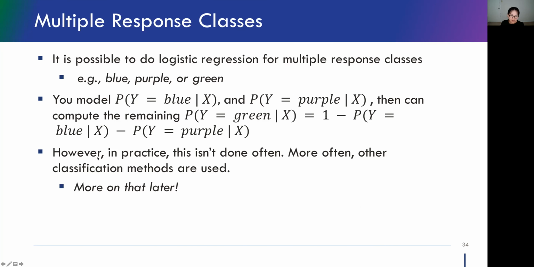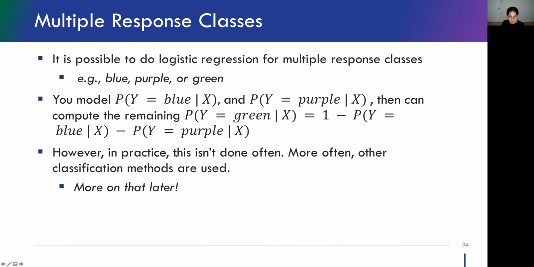Well, we can also do multiple-response classification, when the response has multiple classes. We can still do logistic regression. For example, for the blue, purple, and green example, we can model the probability of Y being blue given X and the probability of Y being purple, and then compute the remaining one as 1 minus these two.